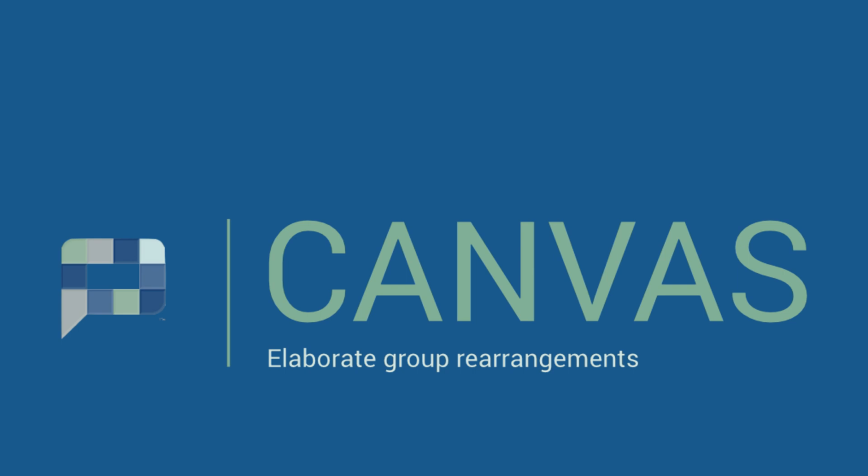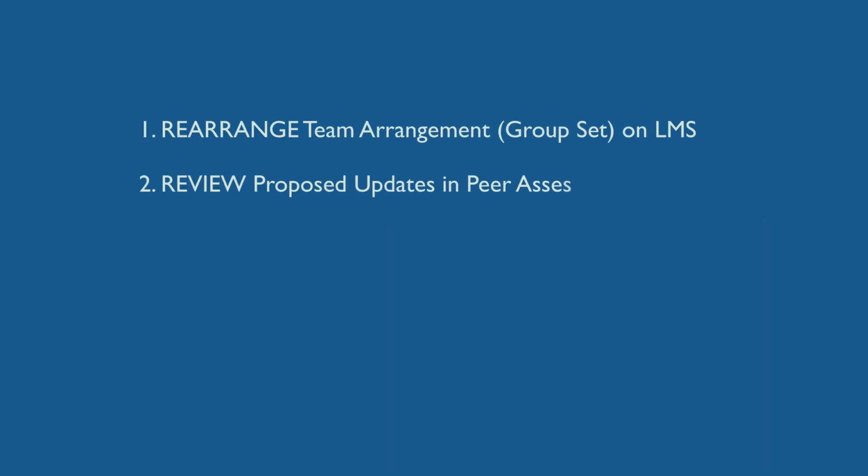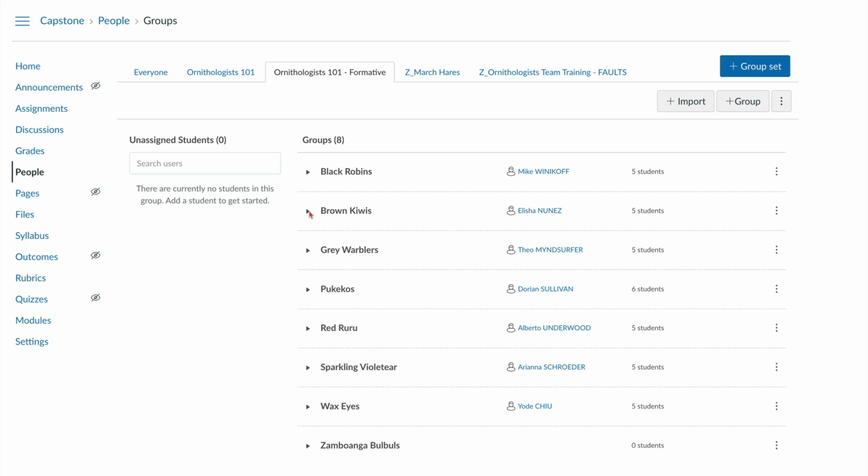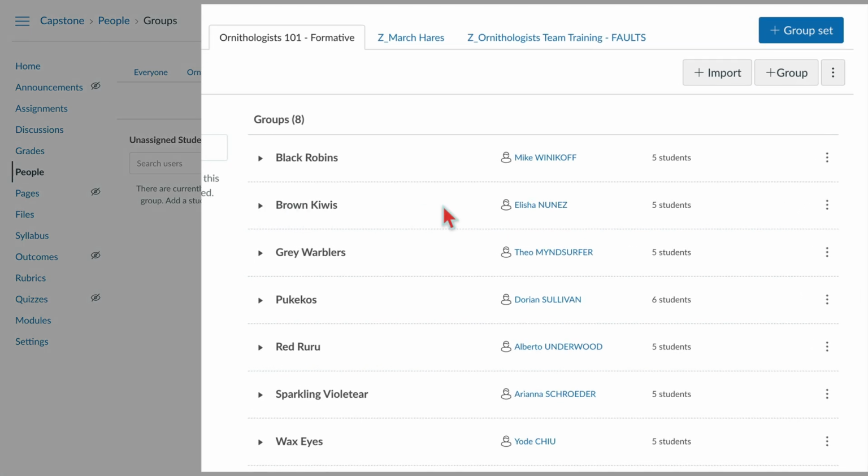You can undertake more elaborate arrangements of teams on the LMS. Let's go back to our team set Ornithologists 101, and first we're going to change the name of the group brown kiwis.